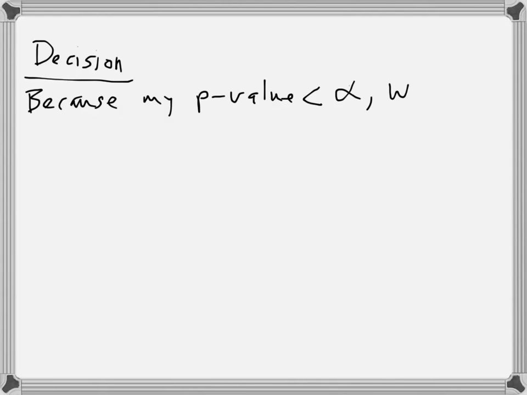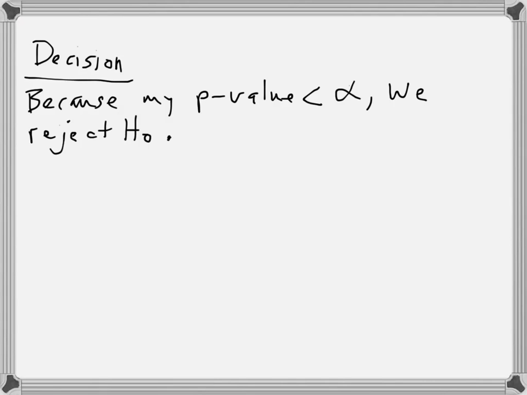Reject the null or fail to reject? I'm leaving you hanging. Because my p-value is less than my significance level alpha, we reject or fail to reject? We reject the null hypothesis.